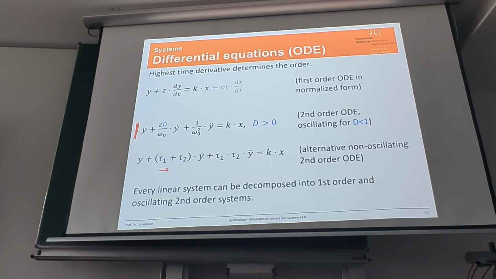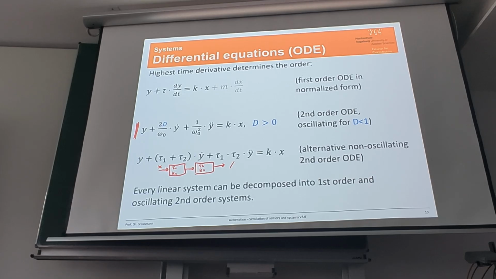We have an input, x, then we have here the first system with tau 1, and then we have in serial a second first order system with tau 2 and k2, and here we have the output.